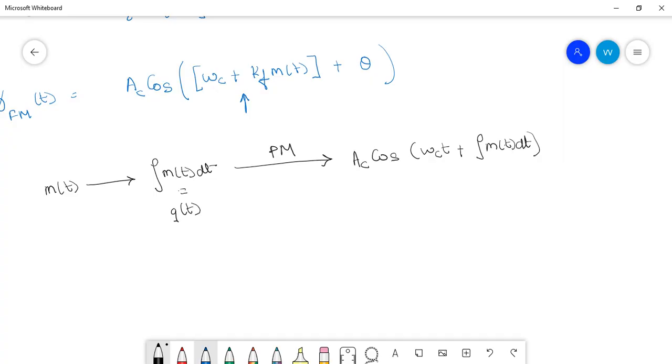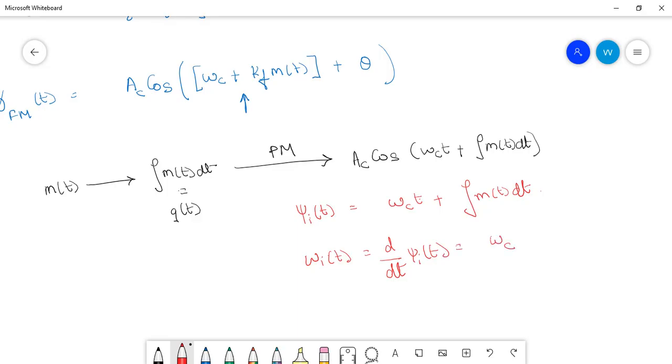Again we can go over that same process: my instantaneous angle psi(t) is nothing but omega_c t plus the integral of m(t) dt. So my instantaneous frequency, again the derivative of the instantaneous angle, will be omega_c plus m(t).